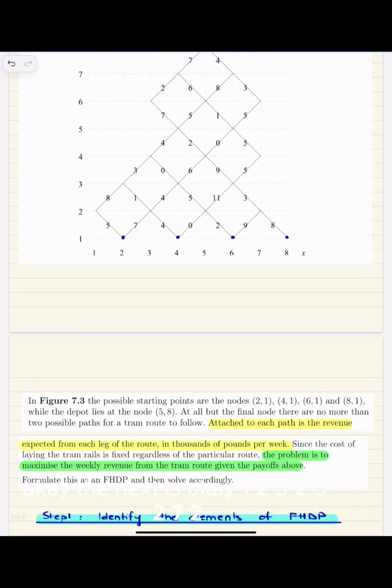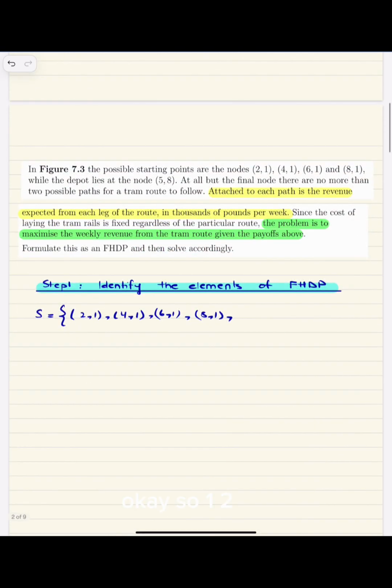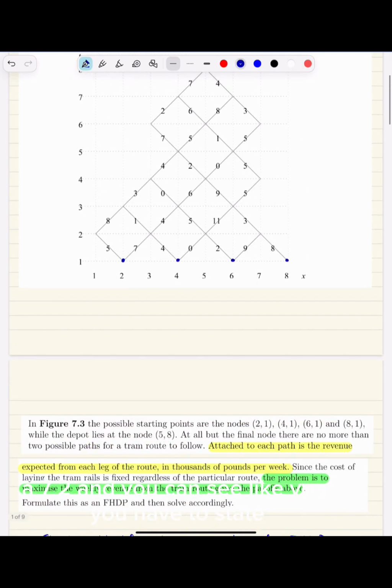Okay, the next is 1,2, 3,2, 5,2, 7,2. And you can see, you have to state all of the stops that are available.